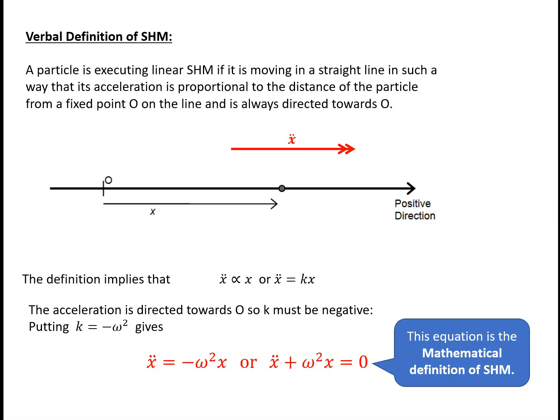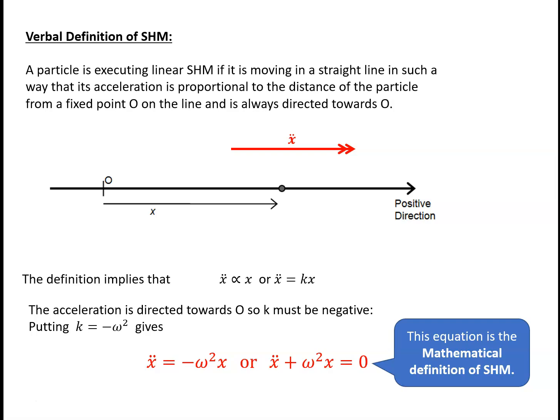And we saw that this definition implied that we had x double dot must equal k times x, but the fact that the acceleration has to be directed towards O forced us into having k being a negative constant, and we said that it was usual to write k as being minus omega squared.